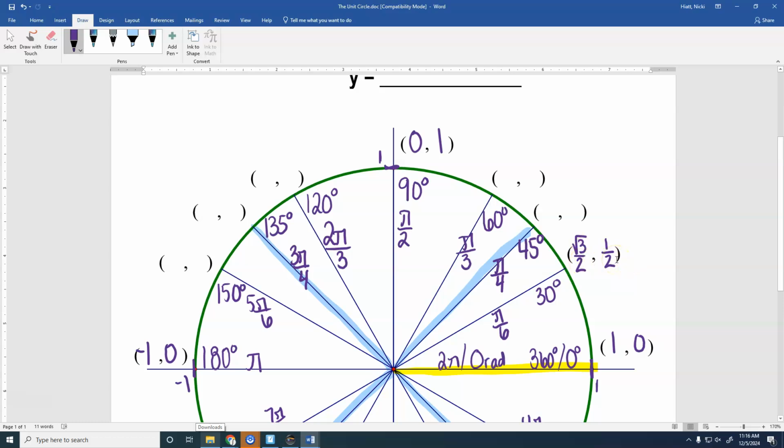I know how to explain it, but I can't. The why, probably not, unless you take pre-cal or come to Smart Breakfast. We're just out of time on it. The next one is square root of 2 over 2 and square root of 2 over 2. And then this one is 1/2, square root of 3 over 2.